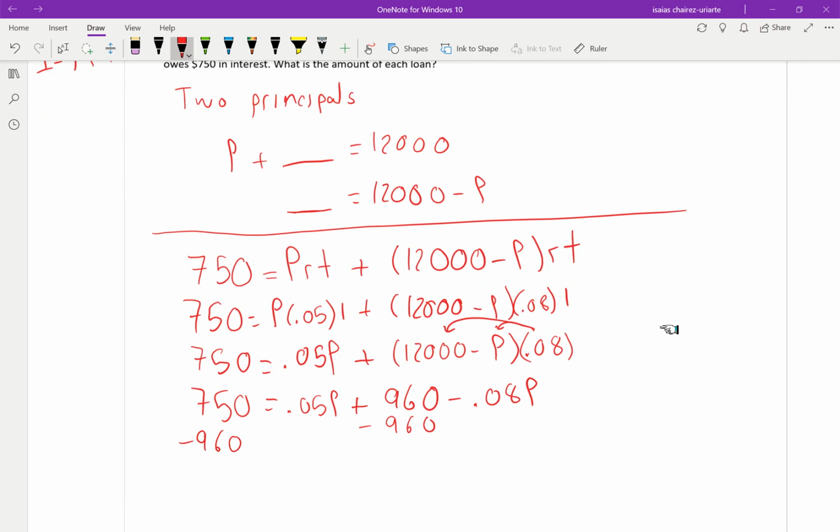So that's negative 210, and that's equal to negative 0.03 P.